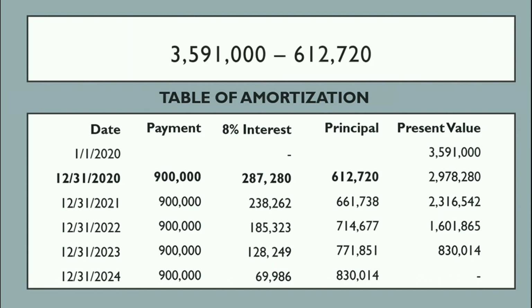So, 3,591,000 minus 612,720 is 2,978,280. At ito na ang bagong present value na gagamitin sa susunod naman. Same lang ang gagawin sa mga computation para makuha ang mga amount na i-fill sa ating table. Just repeat it the same way to get it sa susunod na 4 na period until we reach 5 years.